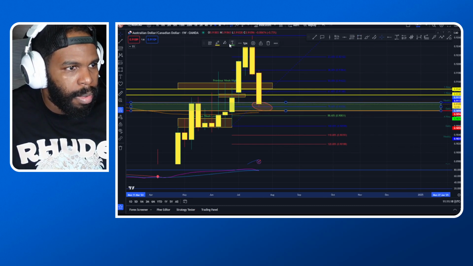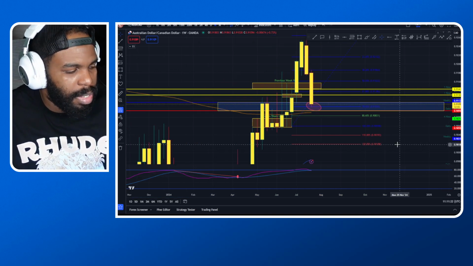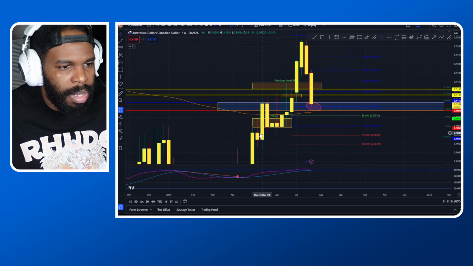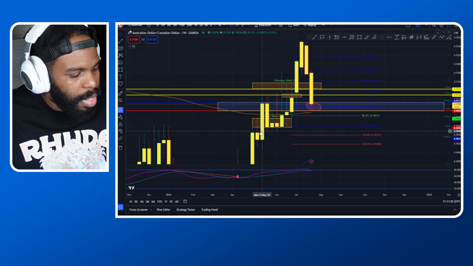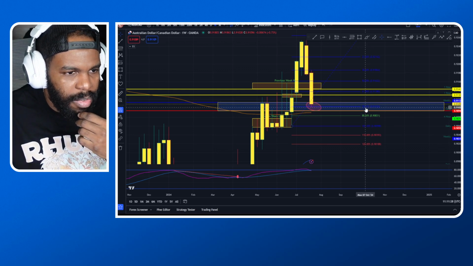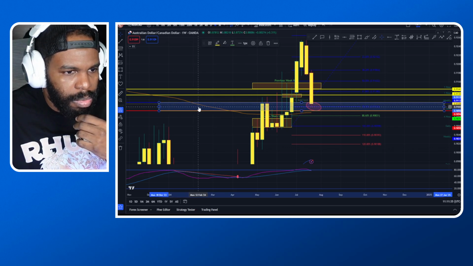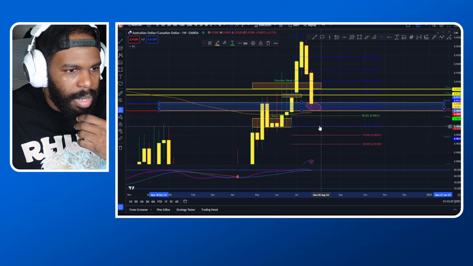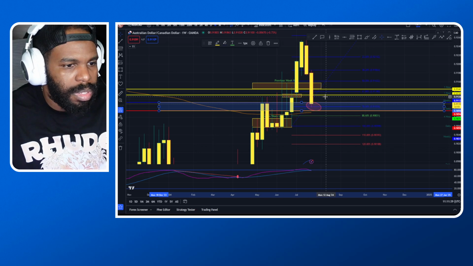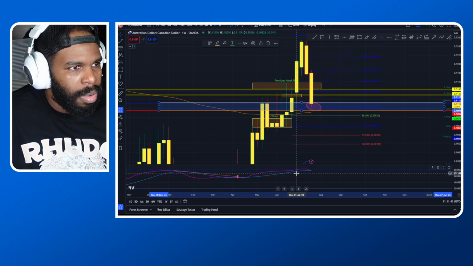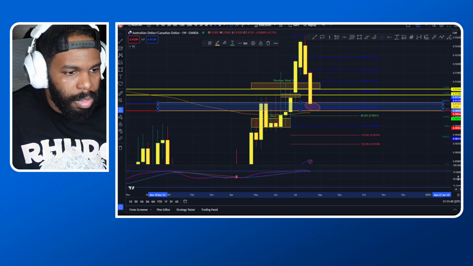Okay, so right now price is right at my area of interest. I have a 78.6 Fibonacci retracement level, and I have an area of interest, which is this blue zone right here. And yeah, we'll see what happens. But right now on the weekly, we are overbought on the RSI.